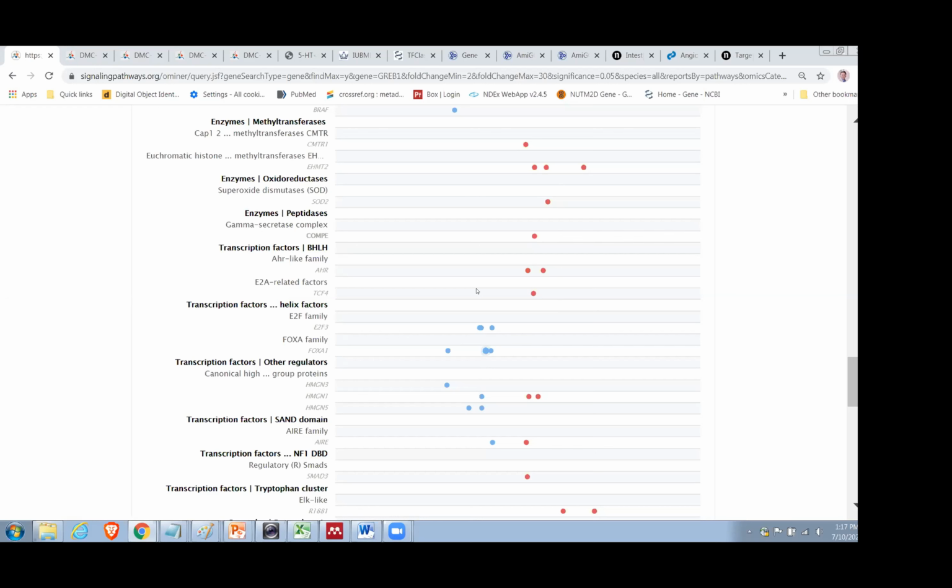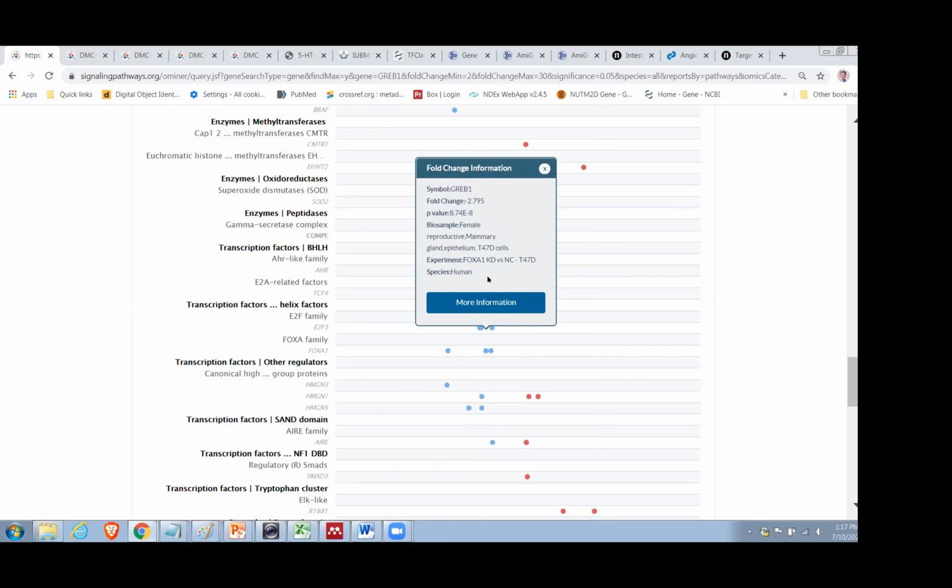But the way that we have organized the information here is that everything that's a like experiment you'll see on the same row. So this is another data point from a completely different experiment, a completely different article that again shows that the knockdown of FOXA1 results in down regulation of Rebl.